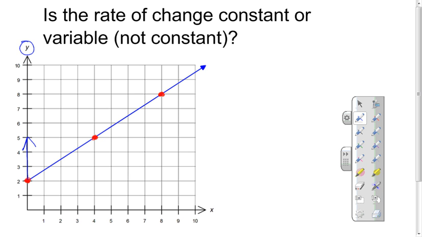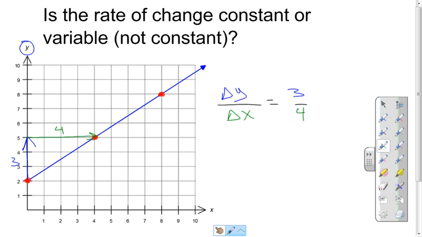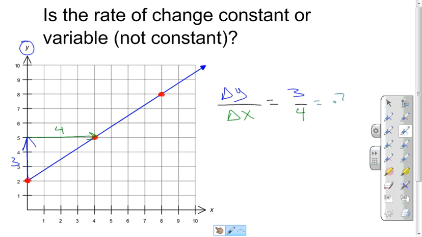And we see here that our delta y is in fact 3 grids. And then our delta x is in fact 4 grids. Okay? So what do we have here? We've got delta y over delta x is equal to 3 over 4, which is equal to 0.75.